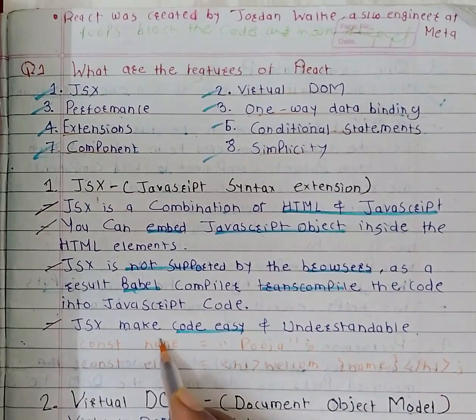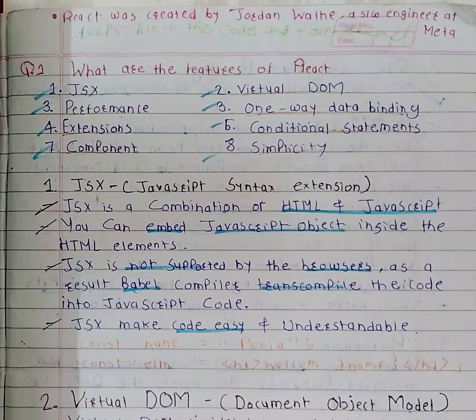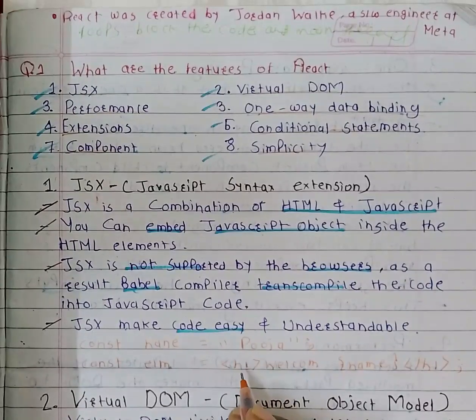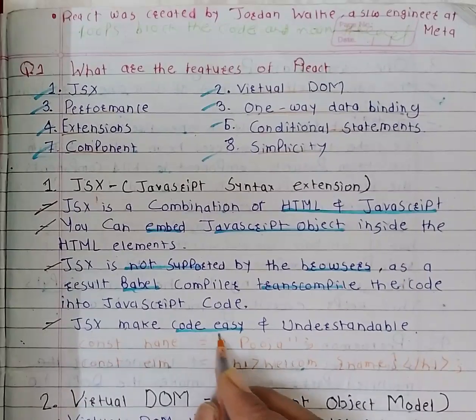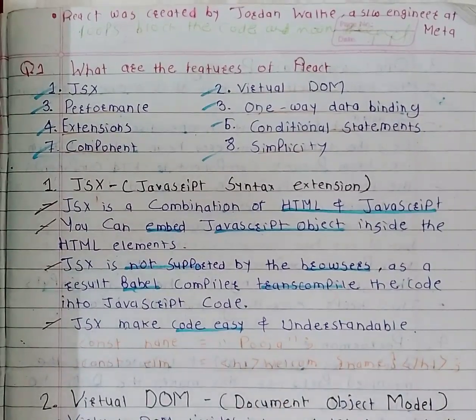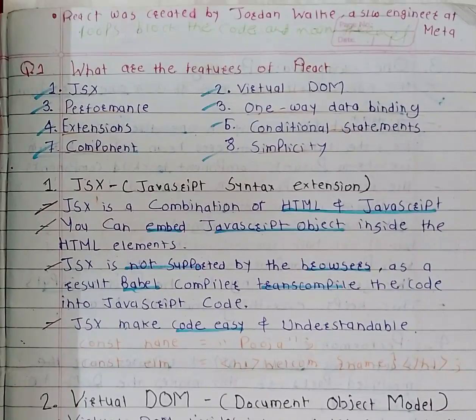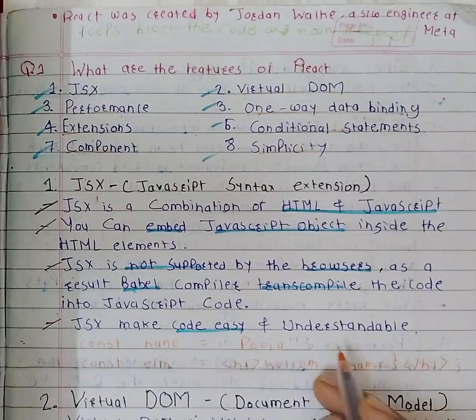So JSX makes code easy and understandable. Why do we need JSX? Why are we not using plain JavaScript? Behind the scenes it uses JavaScript, but for the purpose of the user's simplicity, it uses JSX, which is a combination of JavaScript and HTML.